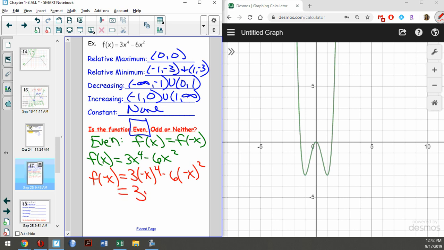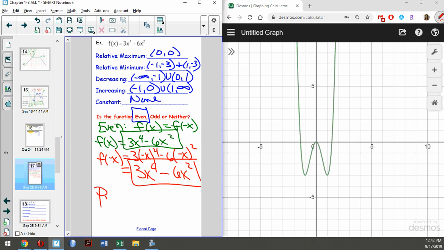So this gives me 3x to the fourth minus, what is x times x? Minus 6x squared. Now my question to you is, do the green and the red boxes match 100%? Yes. You know what I just proved? I proved that this is an even function.